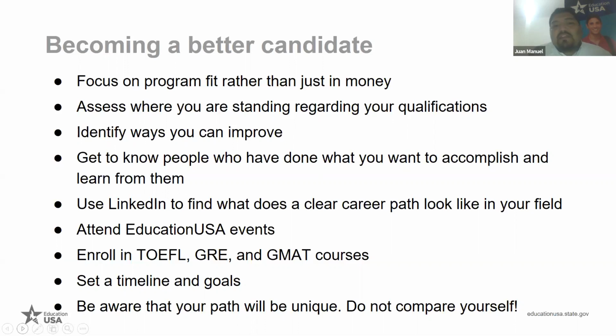The other thing is that you really want to make an honest assessment, evaluate yourself, see where you're standing right now in your qualifications. See how much of your career path is clear to you. If you can see clearly, this is where I want to be in 4 years, this is where I want to be in 10 years, and I need this master's degree, I need this PhD to help me get there.